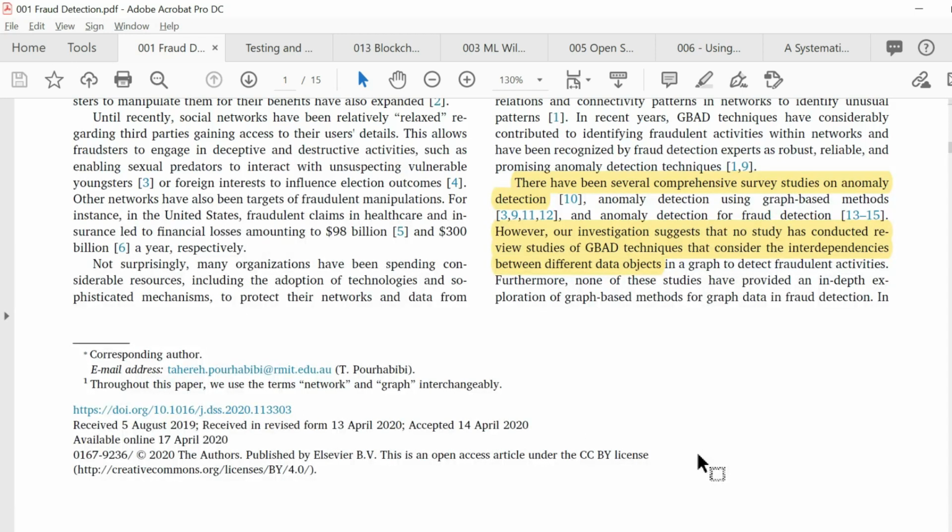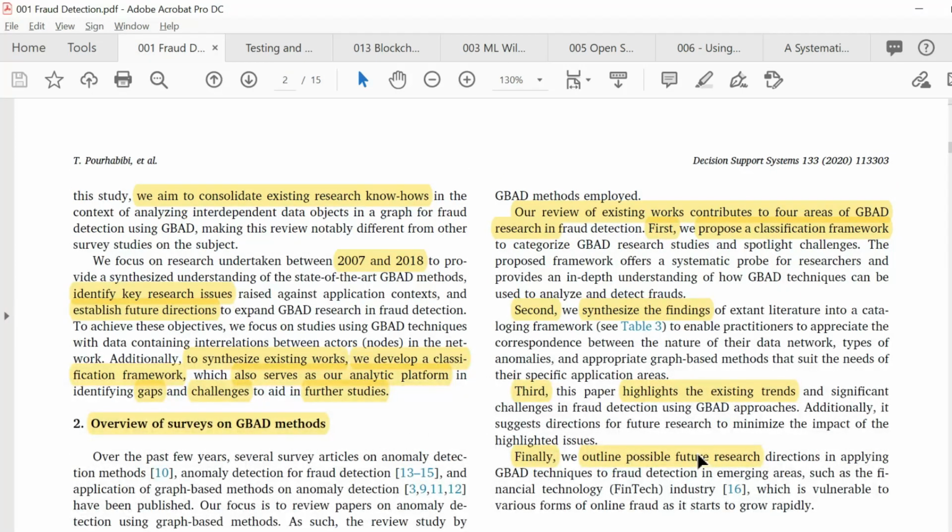However, our investigation suggests that no study has conducted review studies of GBAD techniques that consider the interdependencies between different data objects. So this is what they have mentioned here as a summary to show what has been done and what is not, where the gap is.